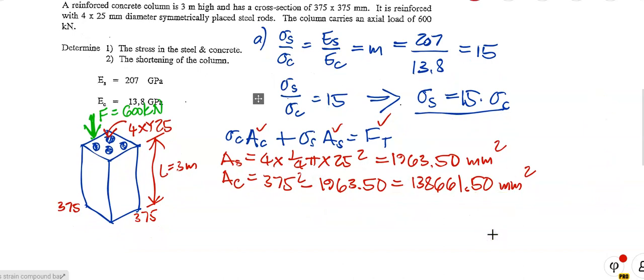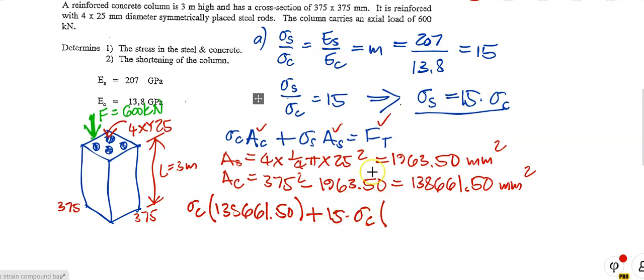My stress in concrete multiplied by area of concrete, 138,661.50, plus stress in steel. Remember, I'm going to write this in terms of that, so it is 15 times the stress in concrete, multiplied by area of steel, 1963.50.